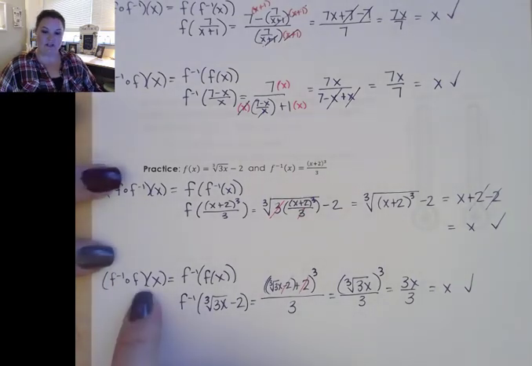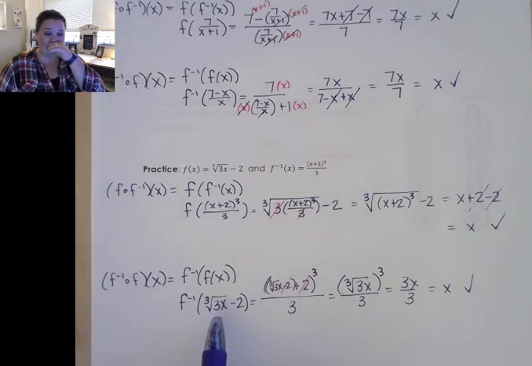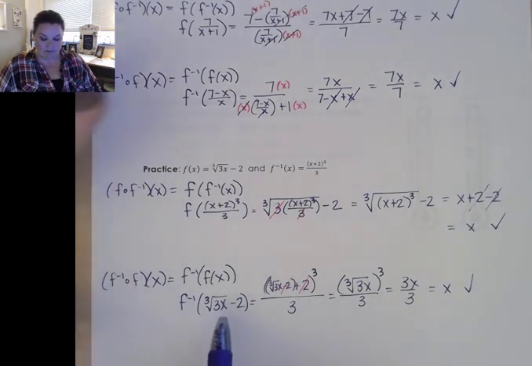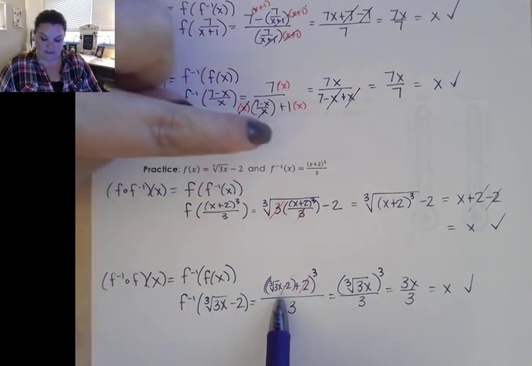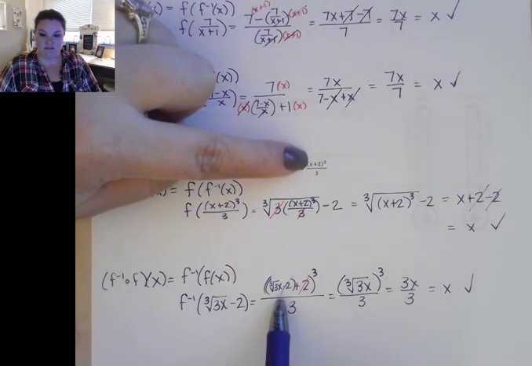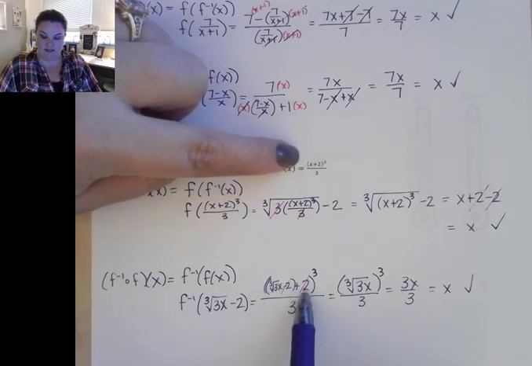Same thing in the other direction. This time I'm plugging in my original function, which is the cube root of 3x minus 2. I'm plugging that into my inverse. So my inverse function says to take my input, which is this whole mess, plus 2, right? And then cube it and divide it by 3.